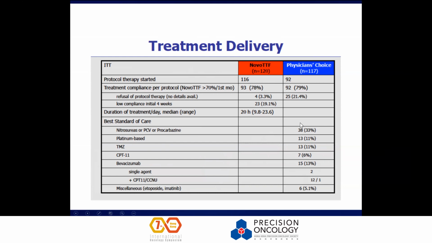As you can see, all the chemos we are familiar with are used in different percentages of those recurrent patients, including bevacizumab. The most common is a nitrosourea / PCV, about 33%. Also platinum-based chemo drugs, temozolomide, CPT11, all of those have been used.